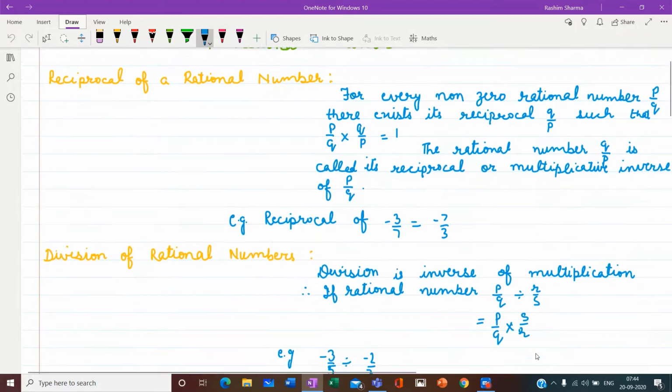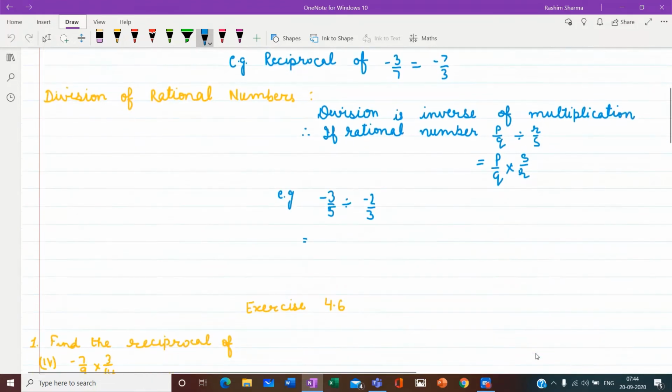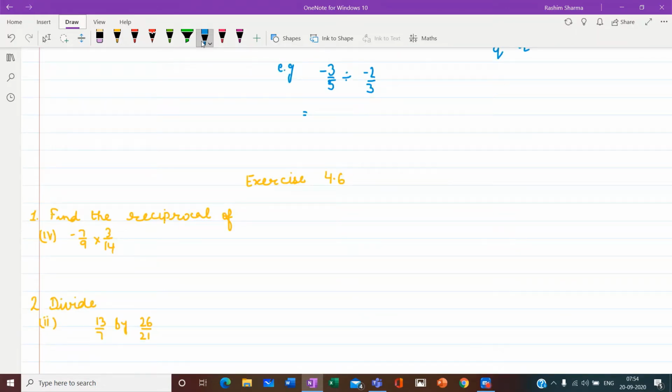Now let us understand it with the help of example. Minus 3 on 5 divided by minus 2 on 3. So we will write here minus 3 on 5 as it is. Division sign changes to multiplication and reciprocal of minus 2 on 3, that is 3 on minus 2.